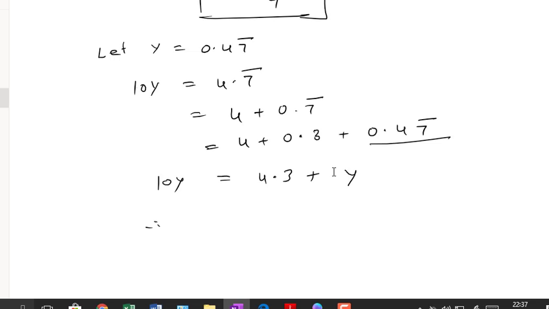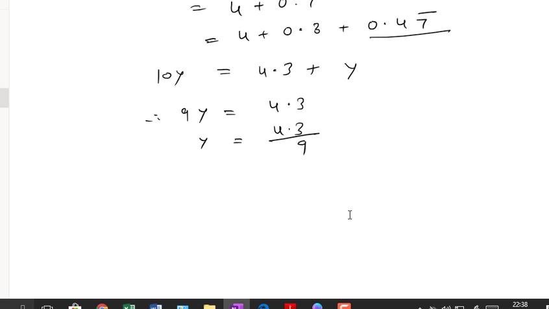So therefore we get 9y is equal to 4.3, and that gives me the value of y as 4.3 upon 9, which is equal to 43 upon 90. Now 4 plus 3 is 7, so 43 is not divisible by 3. So we cannot divide by 3. So this is the value of y.